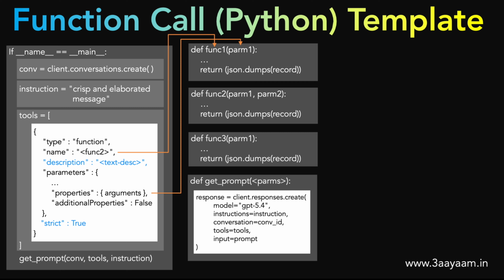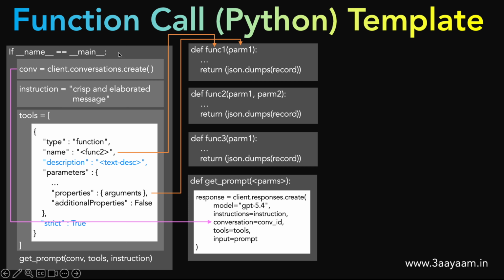Once this is done, then we'll be using the responses API to get the input prompt or the input text from the user. And here the model can be anything. I'm using GPT 5.4 as the large language model. Then I'm providing the instruction using the instructions parameter, the conversation ID, the tools variable, and the input prompt. Now the tools variable that you see here is nothing but the variable that we have defined here. So all the components that are getting used inside of the responses API are defined here.